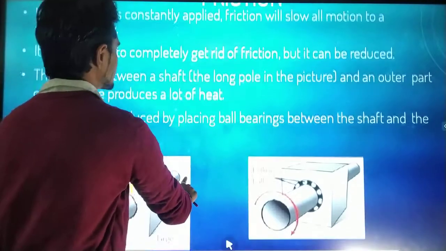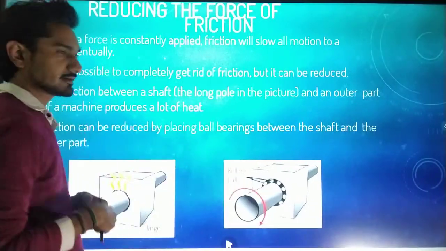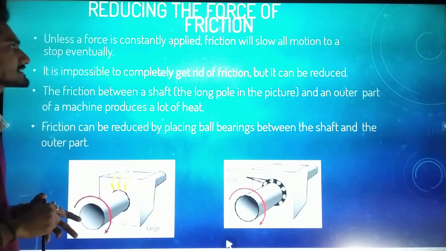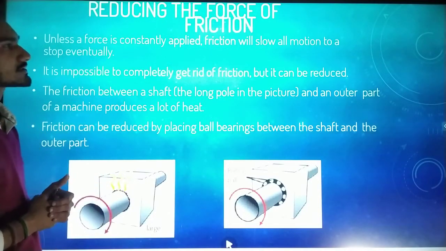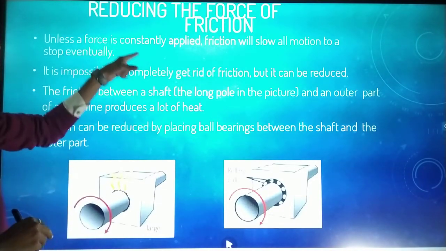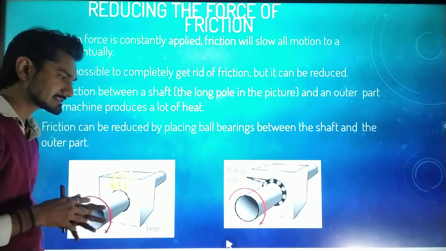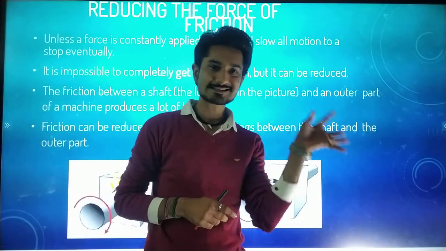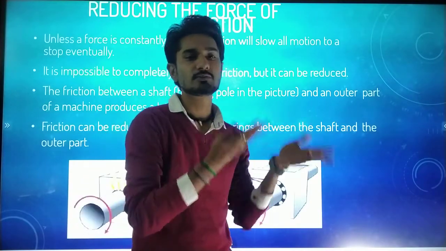Now we are seeing what they have written here, and we are going to discuss that also. Unless a force is consistently applied, friction will slow all motions to stop eventually. Unless force is consistently applied, meaning continuously.